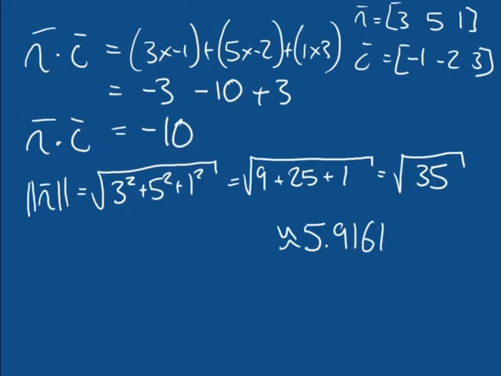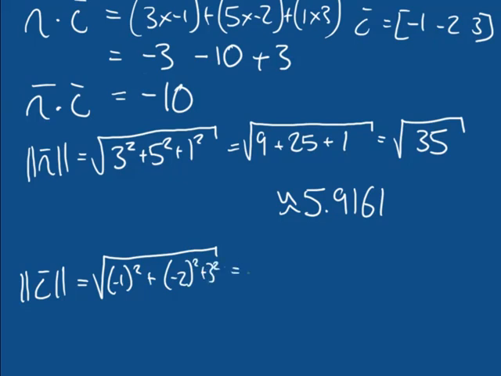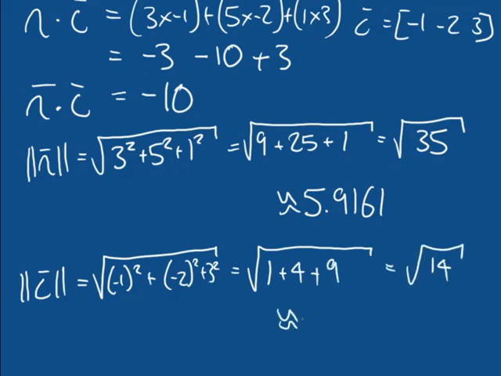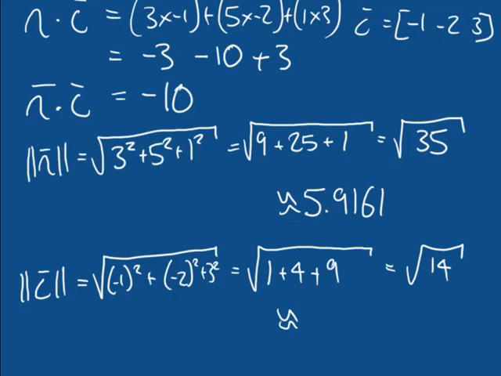The length of c is equal to the square root of x squared plus y squared plus z squared, so minus 1 squared plus minus 2 squared plus 3 squared, which is the square root of 1 plus 4 plus 9, the square root of 14, which is approximately 3.7417 to 4 decimal places.